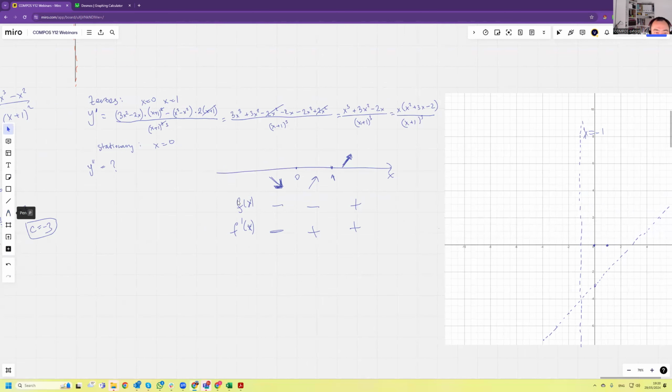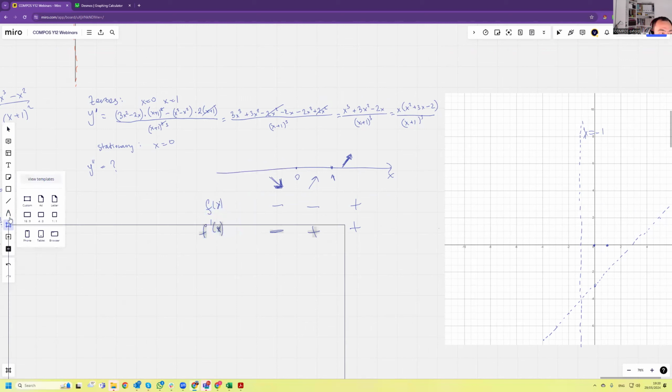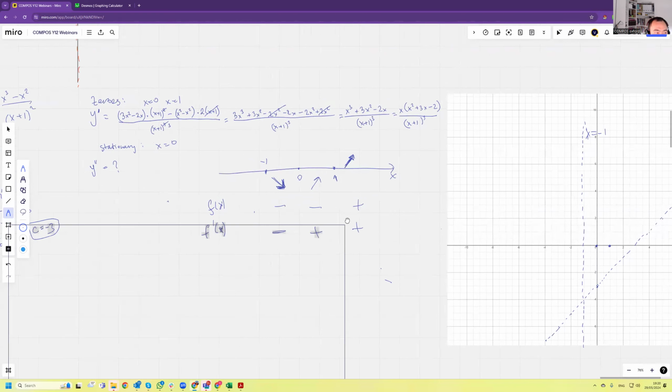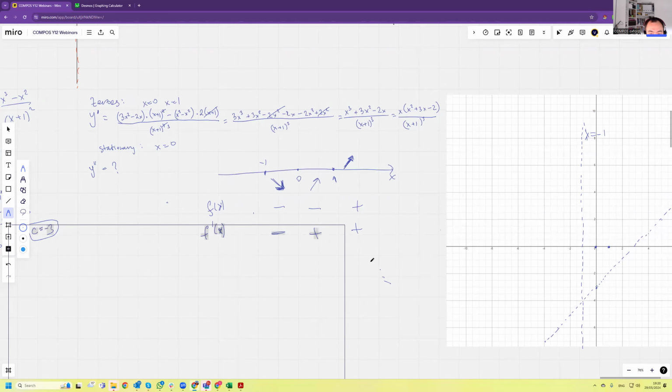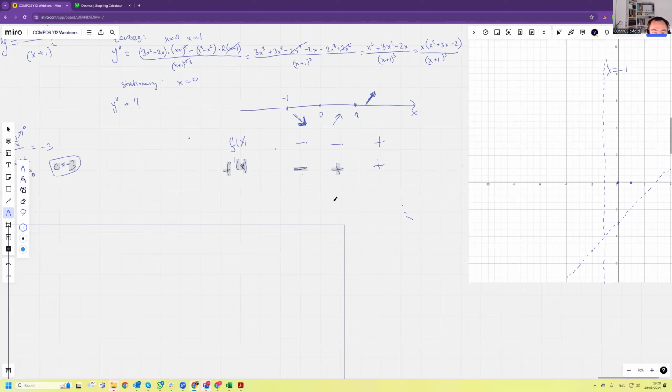We've got to add minus 1 here. We have the derivative is going to be positive. It's not going to be negative. So it's going to be like this.